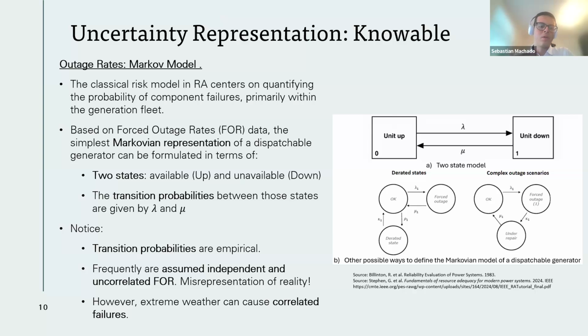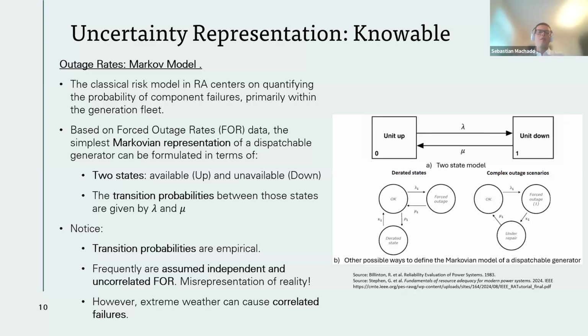Thank you, Jose. So going a little bit deeper into the resource adequacy methods and modeling approaches, the classical risk model focuses on quantifying the probability of component failures, and traditionally this is focused on the generation fleet. At its core, the model often relies on historical forced outage rates that are then introduced into a Markovian representation of the dispatchable generators.